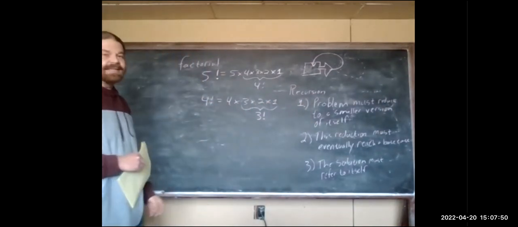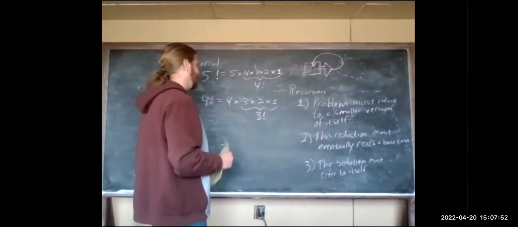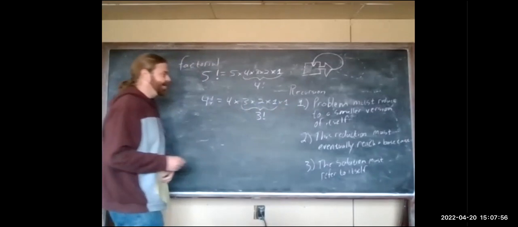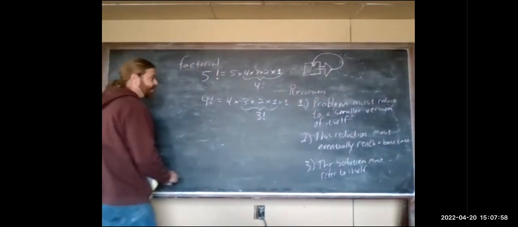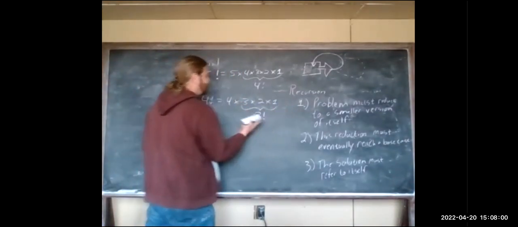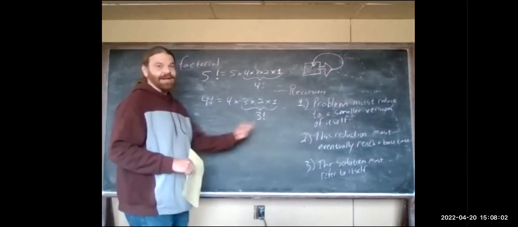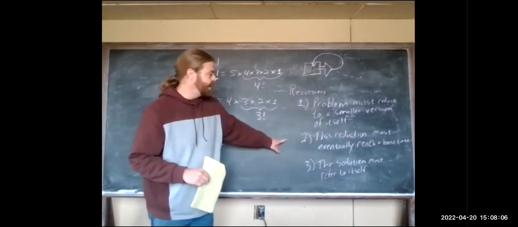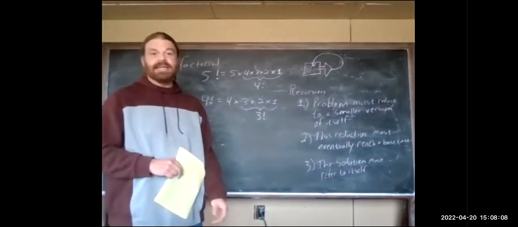There's a technicality: 0 factorial is defined to be 1. So in math class, you'll see that written with another times 1 at the end, which represents 0 factorial because of that definition. But we only walk down that far. So we're reducing to a smaller version. It eventually reaches a base case.